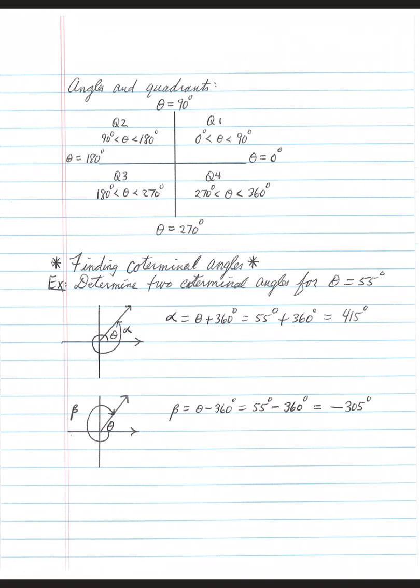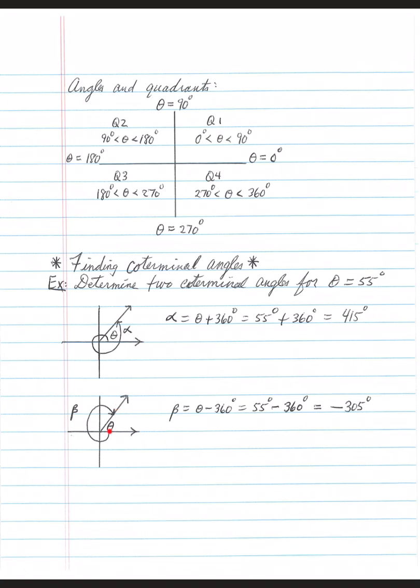360, that's right. So if you take your angle and add a full rotation, that will give you one coterminal angle, 415 degrees in this case. To get another one, you can open clockwise. So this little angle is still 55.